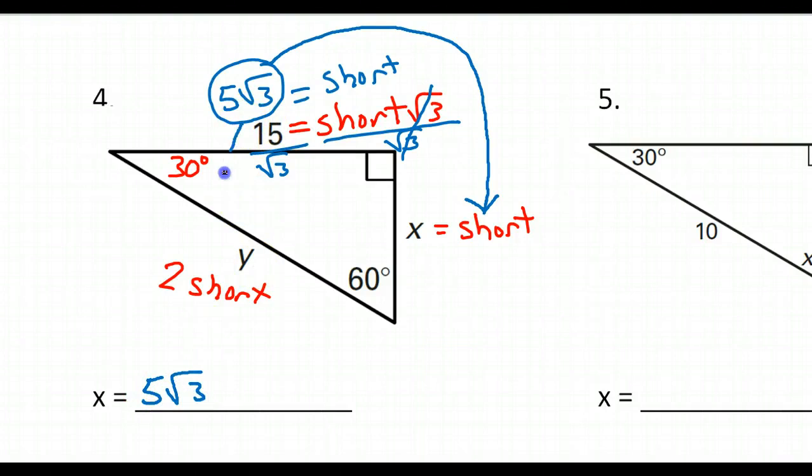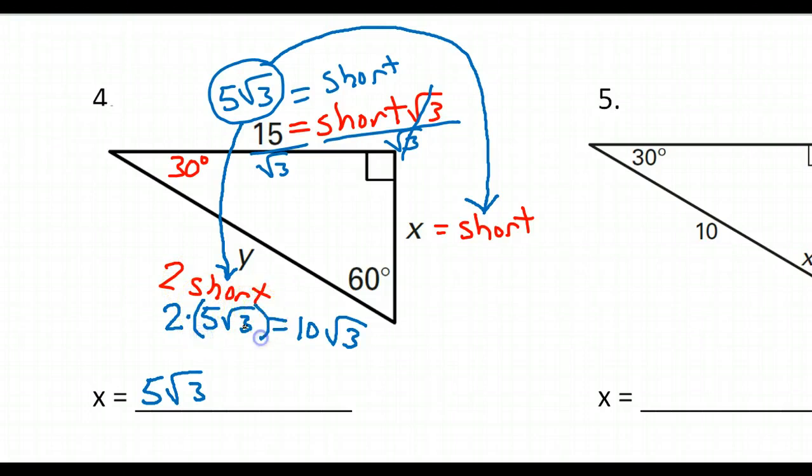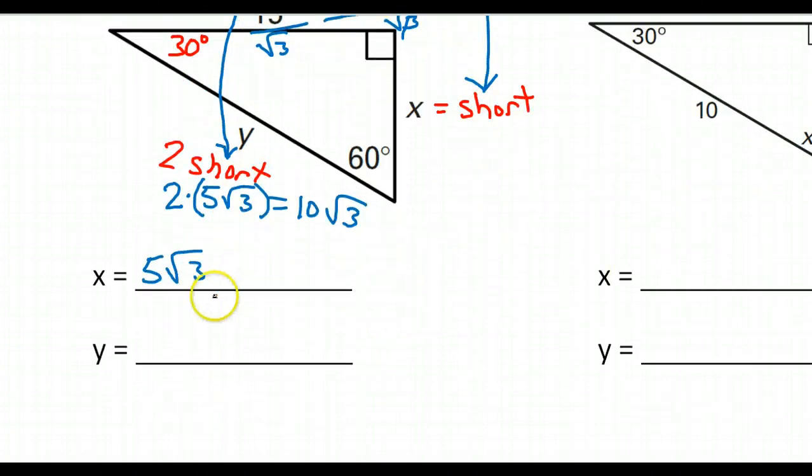And it also tells me this, because this is going to be 2 times 5 radical 3, which is 10 radical 3. 2 times short, and the short leg was 5 radical 3, so there you go. That's y, so that'll be 10 radical 3.